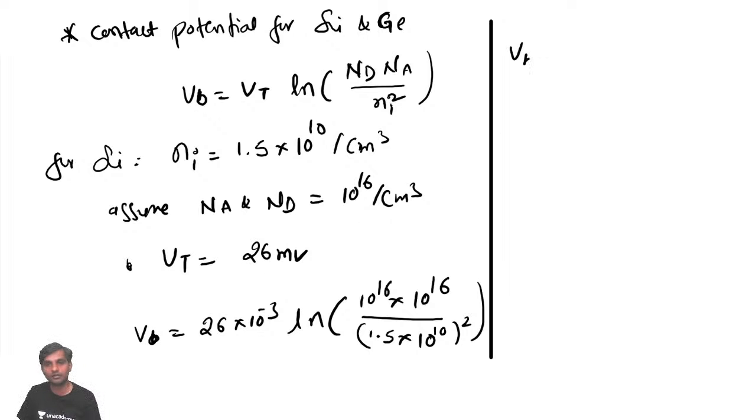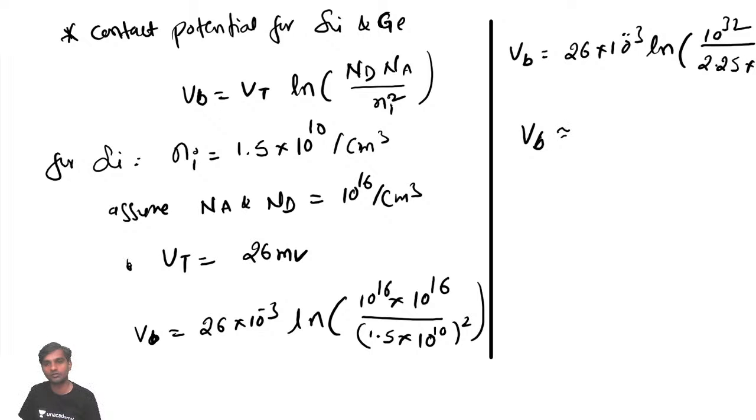So VB is 26 into 10 to the power of minus 3 into natural logarithm of 10 to the power of 32 by 2.25 into 10 to the power of 20. So almost we'll get VB equal to 0.7 volts.